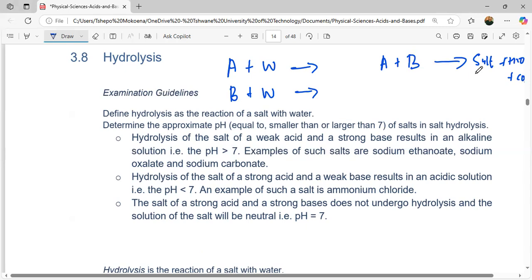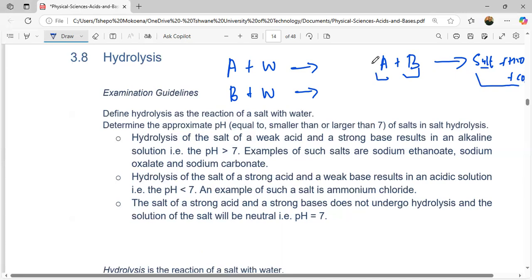But these products depend on what acid and what base are reacting. We have different types of acids and bases. But the whole idea is salt will always be formed. And it depends whether there's a strong acid and a weak base, or a strong acid and a strong base, or a weak acid and weak base, or a weak acid and strong base. It also depends.